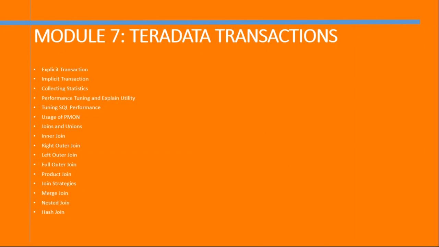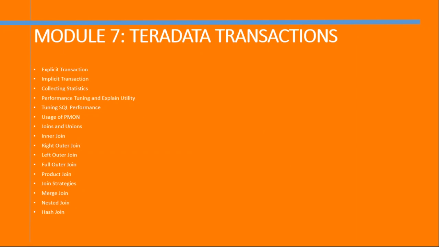Explain basically gives an opportunity to find out what exactly is happening with your query. It gives an output in English grammar, which tells what are the different steps that your SQL is going to perform.